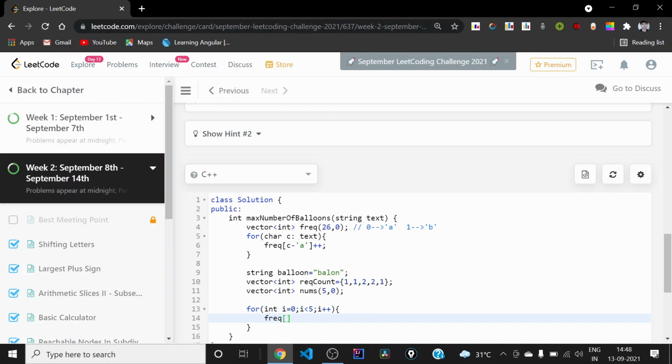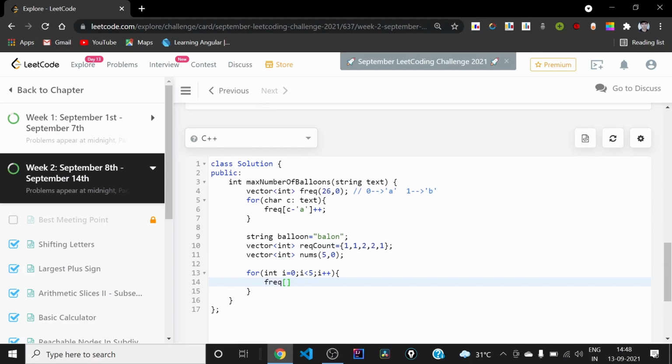The frequency of each character in the text, I will divide by the required count of that character, and I will store it in nums[i]. So this will store how many balloons can be formed if we are considering only the requirement of B, and likewise only A, L, O, and N.